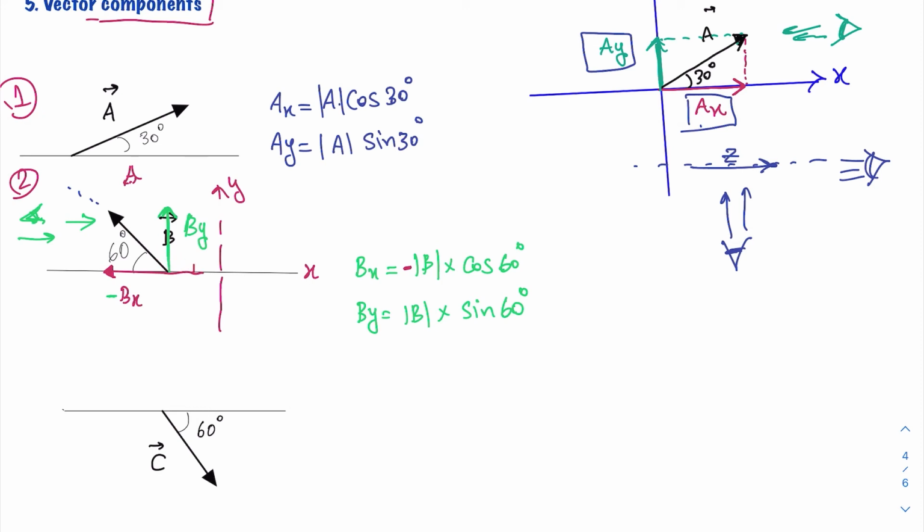So if I take this angle, which I will show by a question mark, if I calculate this angle, which we can calculate simply, then I don't need to worry about minus and plus, because automatically cosine and sine will be negative or positive, and they will affect my component.